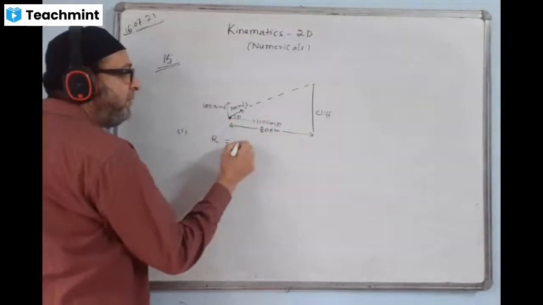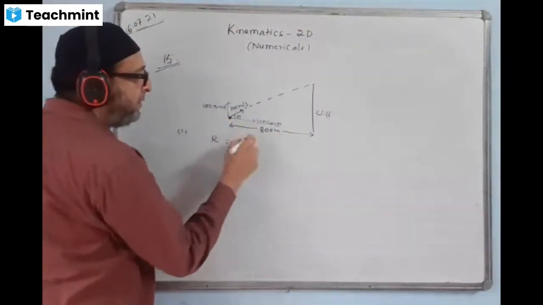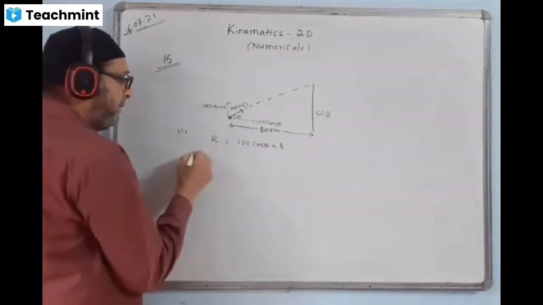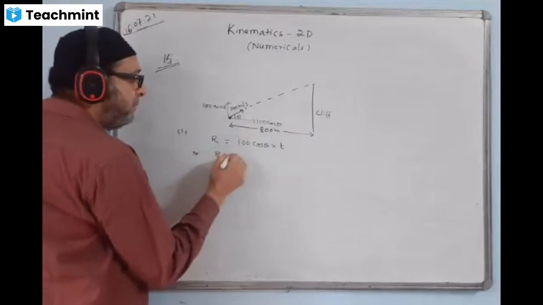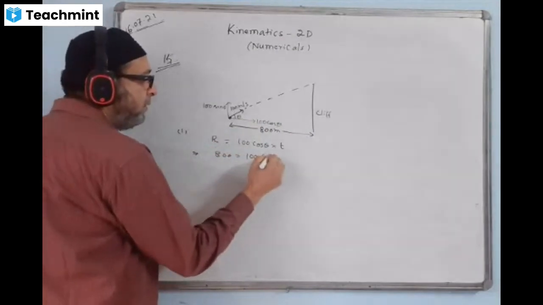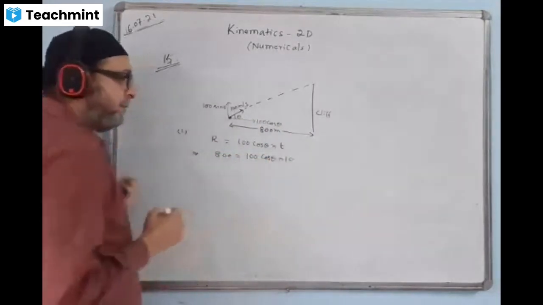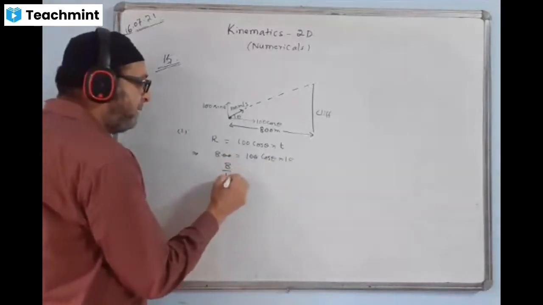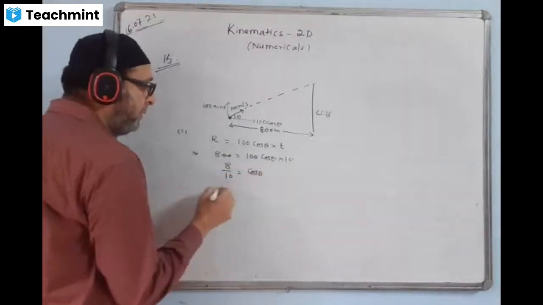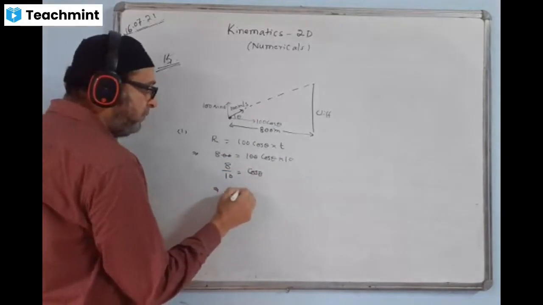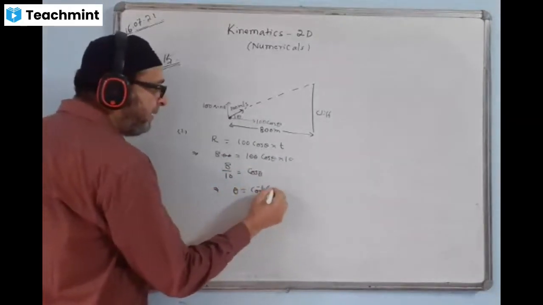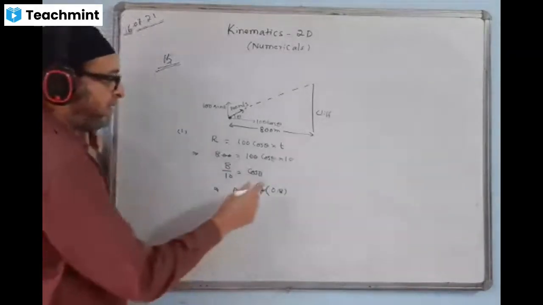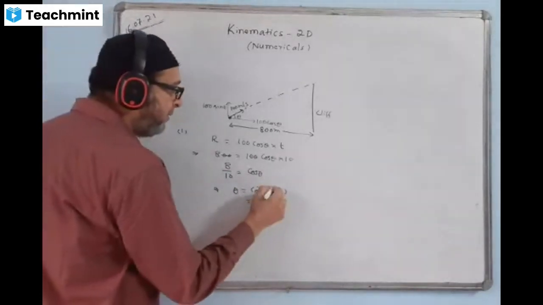Range is horizontal velocity into time: 800 = 100 cos theta into 10. Cancel it, zeros will go. 8 by 10 is the value of cos theta. Therefore theta is cos inverse 8 by 10, that is 0.8, or cancel it and write 4 by 5.